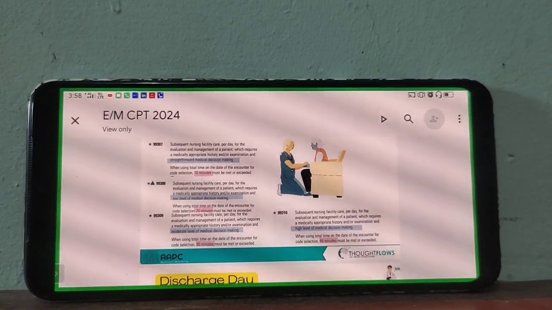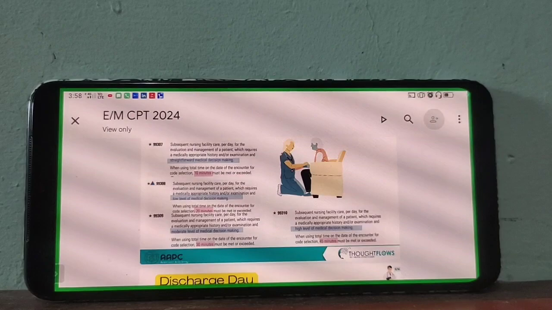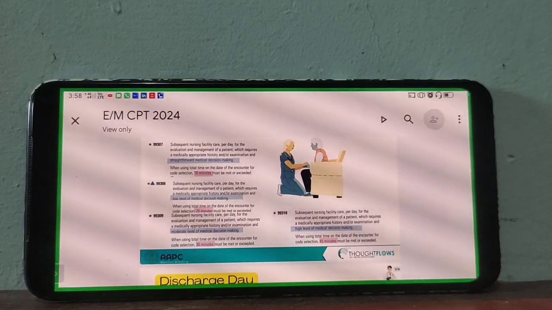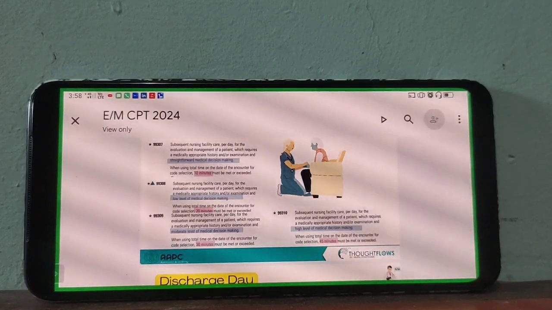So it will differ based on the payer. But in your CPC exam, they definitely ask either MDM or time only. Suppose both are documented, you simply report the code based on the time.